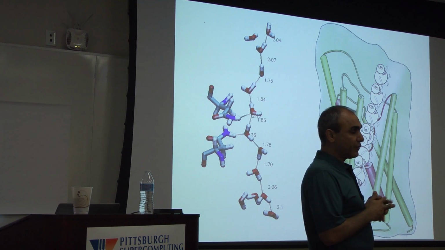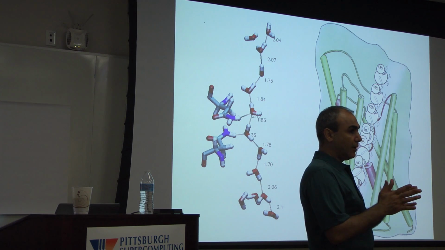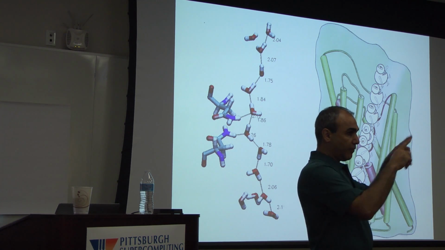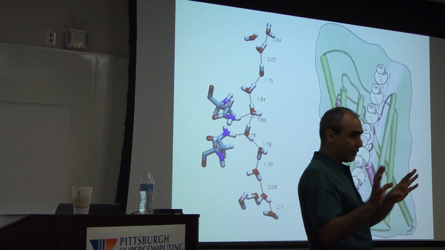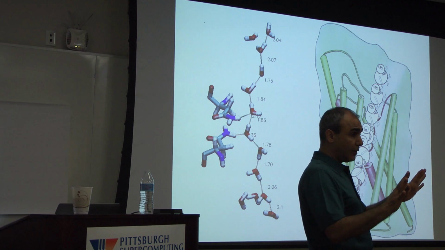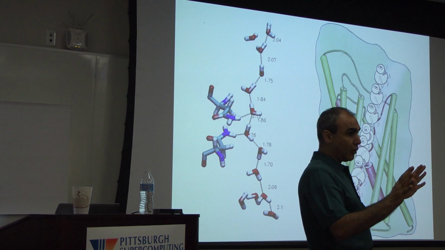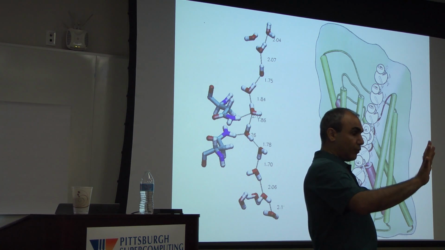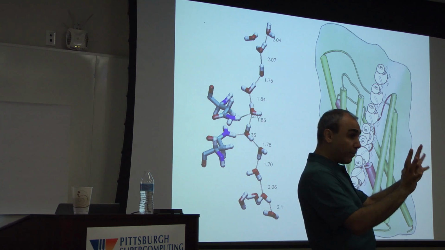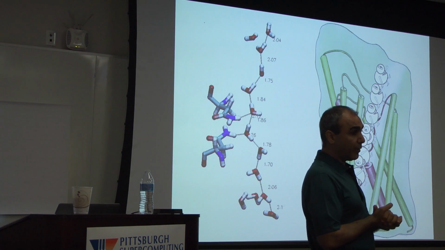So what is the minimum size? One simple rule is that you don't want the copies to see each other. You have a periodic boundary condition system, right? You don't want the copies of the same protein to see each other. Your cutoff distance is 10, 12 angstroms, so you want to make sure that there is at least 12 angstrom distance between the two proteins. That's a simple rule.